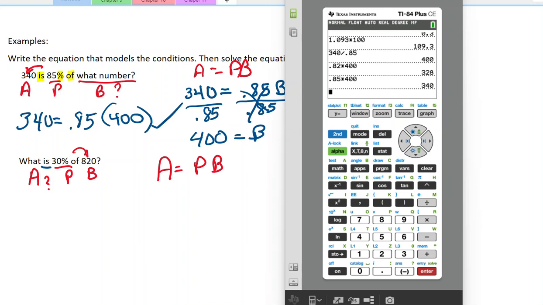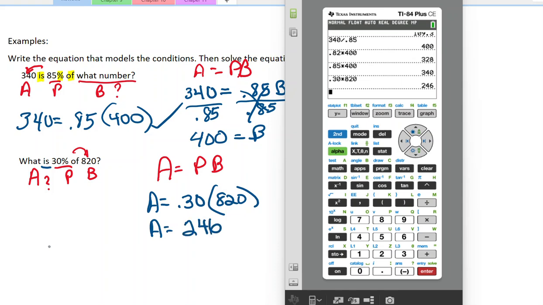So I'm going to have A equals 0.30 times 820. So I'm going to stick that in my calculator, and I get 246.